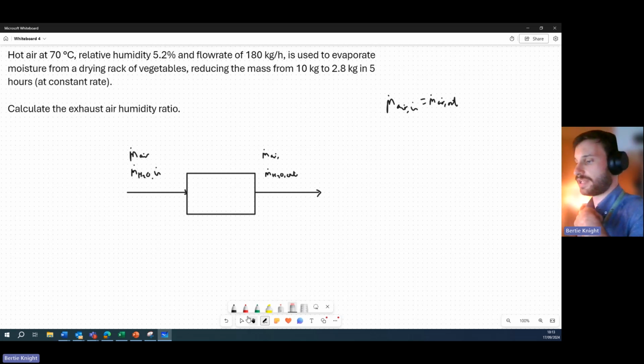Okay, awesome. As I described earlier, there's two components to this water that's coming out. There's the water that went in the inlet here, and there's the water that has just been evaporated from the vegetables inside the drying rack. Let's calculate each of those components. First, let's call it H2O from veggies.